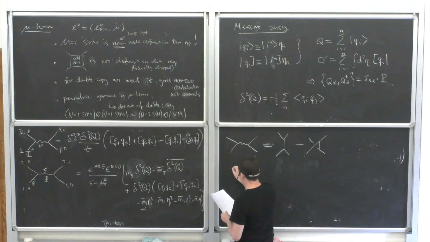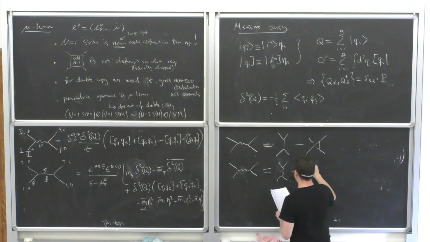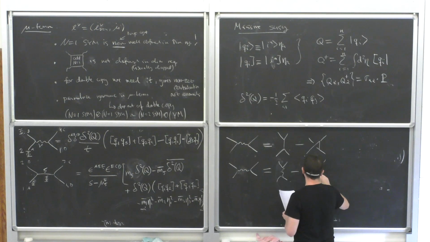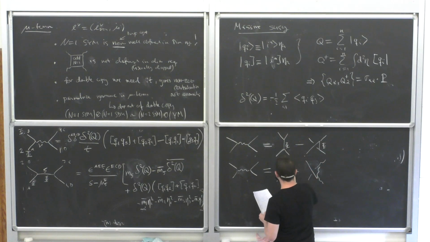But there's more. I can also do this one individually. So if I only do the vector contribution, that's also equal to this following kinematic Jacobi identity. Sorry, this is vector now. So this is a chiral multiplet, and this is a vector.